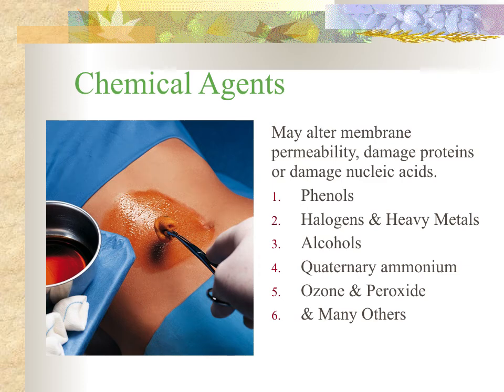Okay, there's a bewildering number of chemical agents. Generally these are all going to change the permeability of membranes, damage the proteins or damage nucleic acids of the microbes, and so render them unable to reproduce.